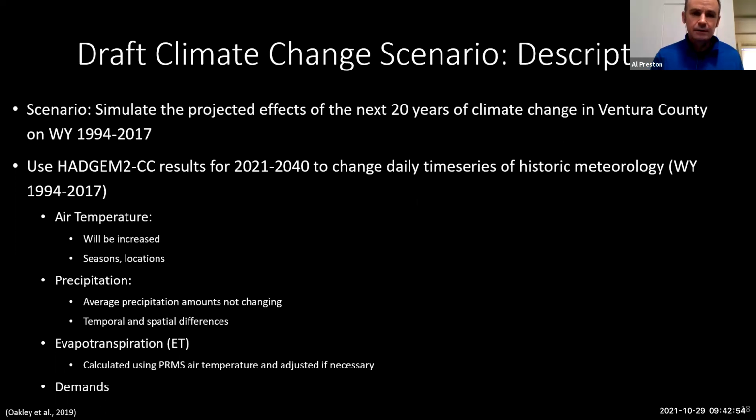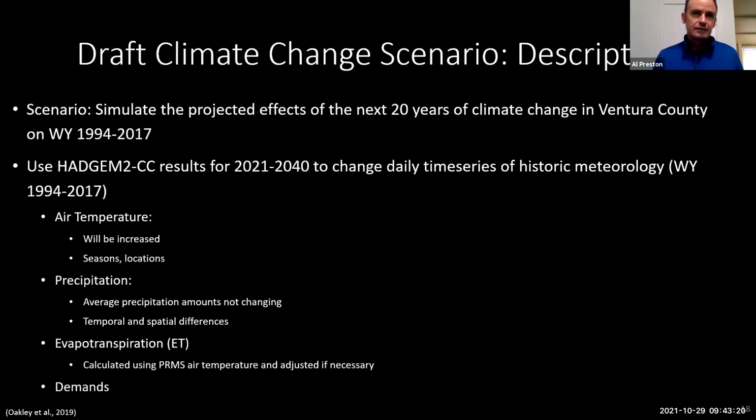We're going to take those specific locations and give them to Ben Hatchett, and he's going to calculate the change in precipitation frequency distribution from the baseline climate to the future climate. We'll use that information to modify our daily time series of precipitation amounts at each of the 20 gauges.